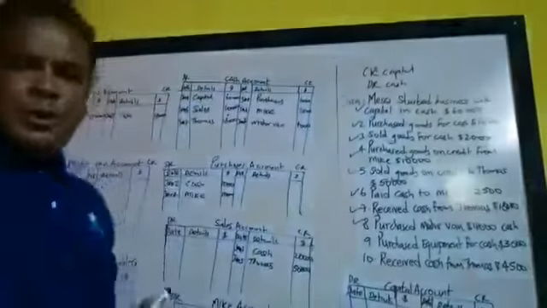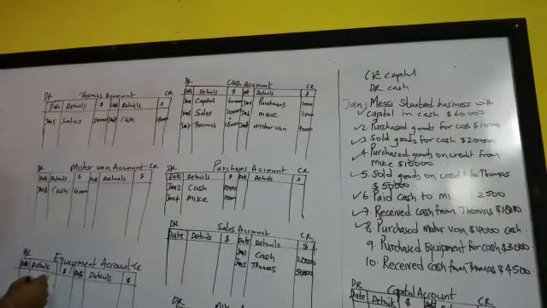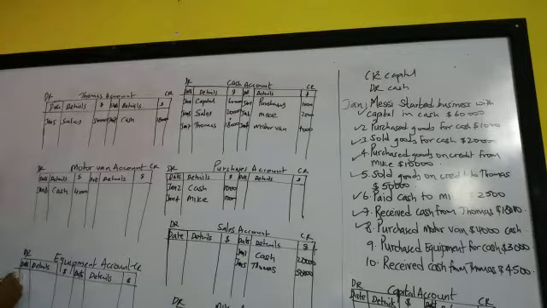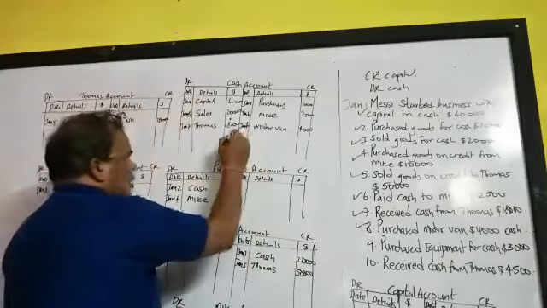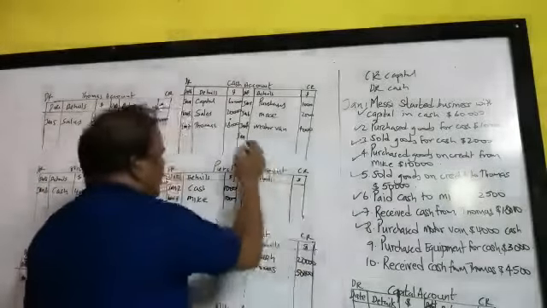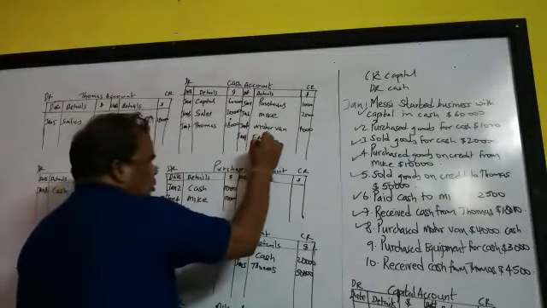So on the debit side of the equipment account we write down cash, January 9. We write down cash, $3,000. Then we have to credit cash. We write down January 9, we write down equipment, $3,000.